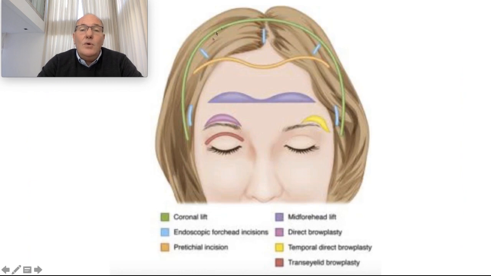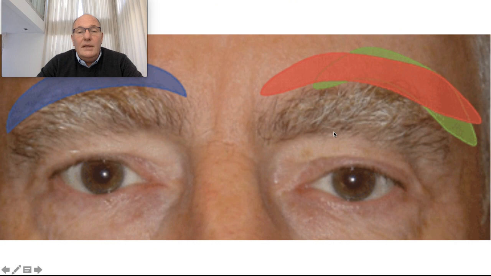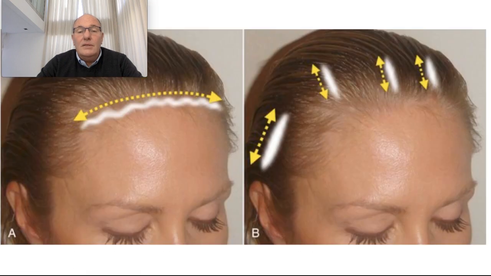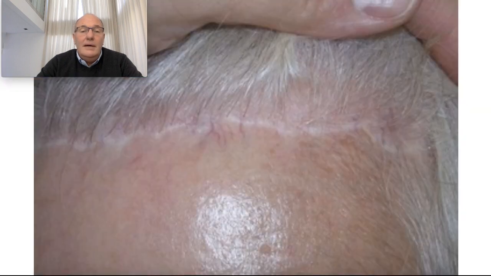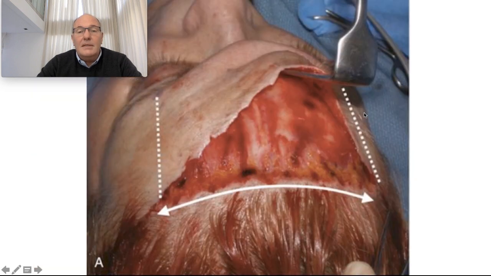And this is all the technique that they are using around the world. Coronal lift, this resection, these are from the endoscopic that we saw before, or this resection, and the result is this big scar.